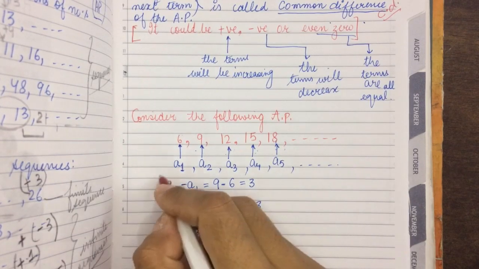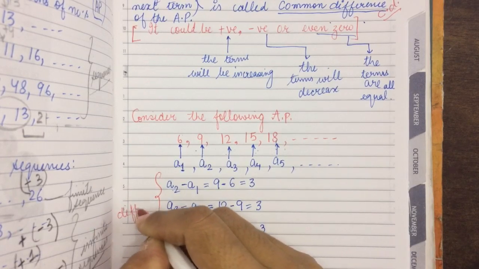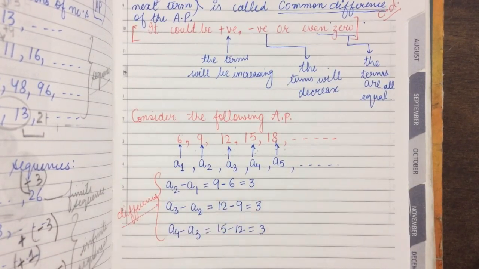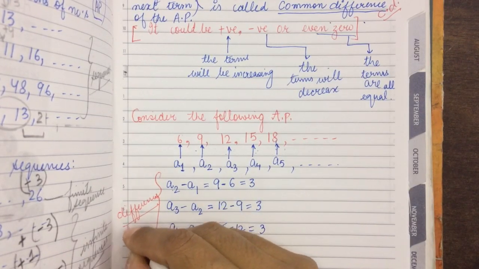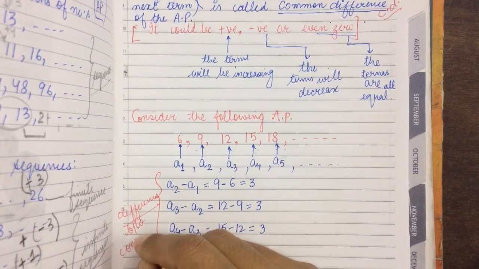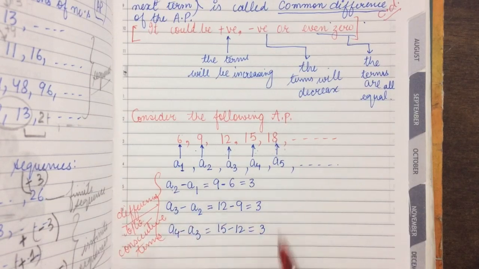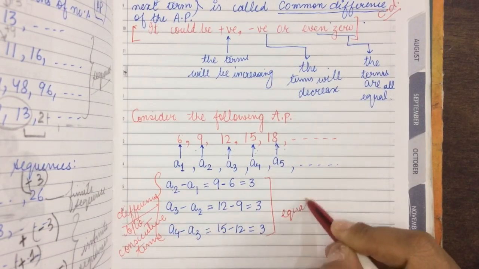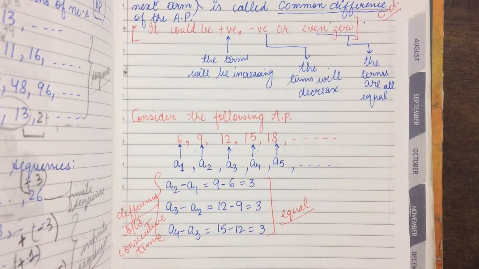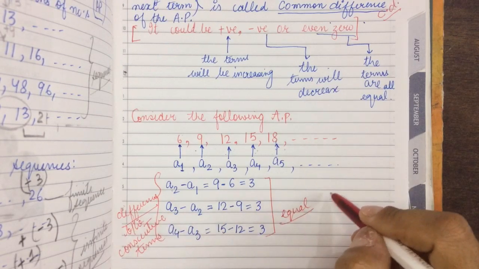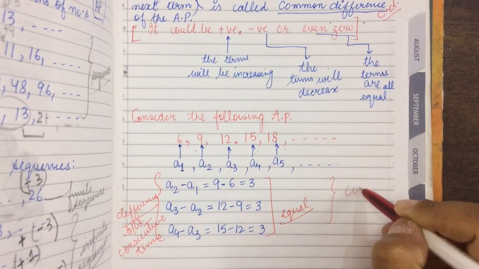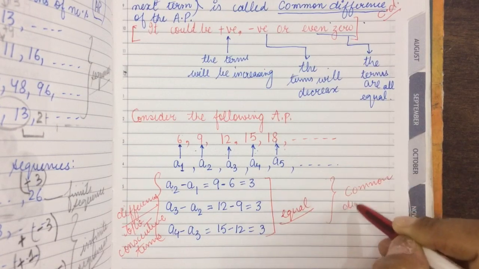Looking at these differences between the consecutive terms, all these differences are equal. And these equal differences are called the common difference.